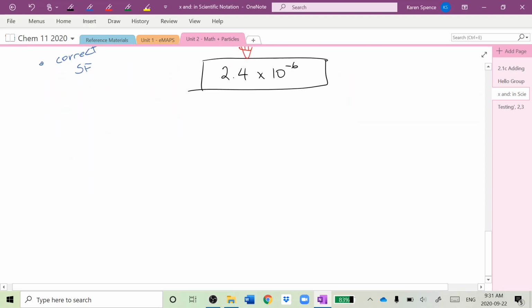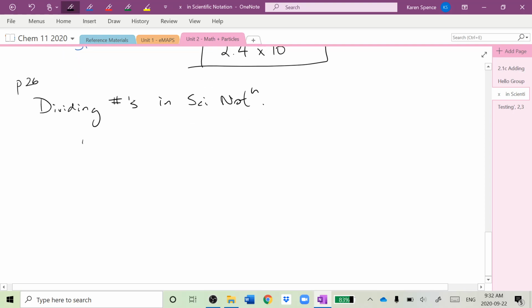All right, dividing numbers in scientific notation. This is page 26. We're going to do the same thing, except that instead of multiplying the coefficients, we will divide the coefficients.